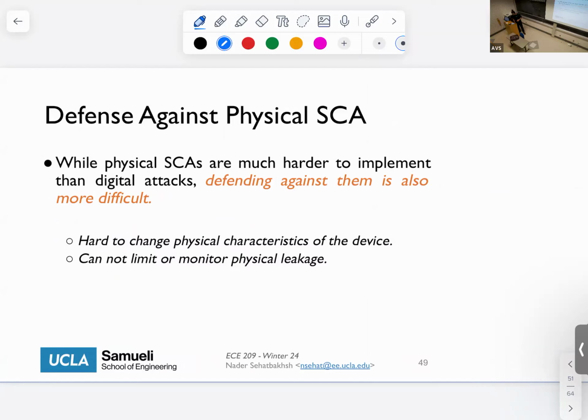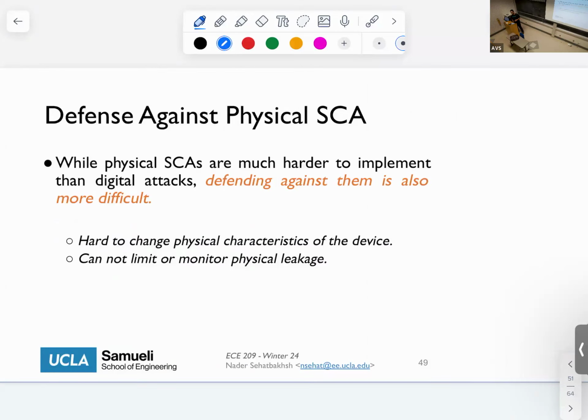So let's talk a little bit about the defense as well. There's also lots and lots of work on the defense side of physical side channels. One thing I want to say about physical side channels is that defense is usually much harder than for digital ones, although we didn't discuss the digital ones.